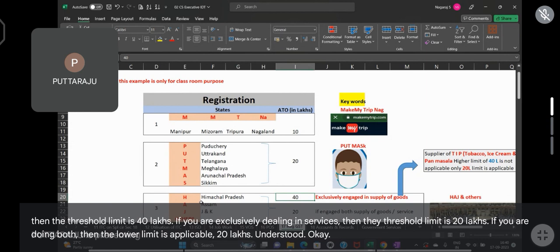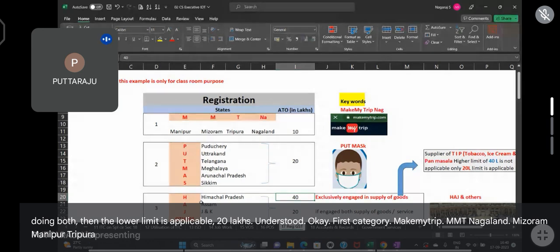See, first category: Mizoram, Manipur, Tripura, Nagaland.